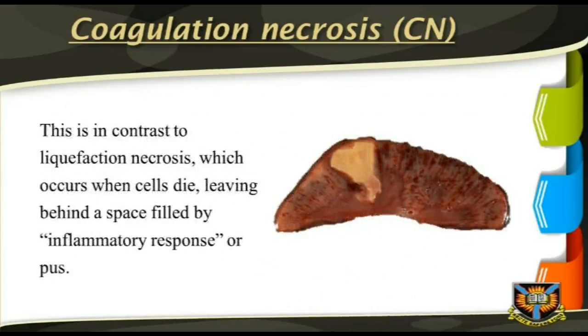This is in contrast to liquefaction necrosis, which occurs when cells die, leaving behind a space filled by inflammatory response or pus. In CN, the cell initially swells, then shrinks and undergoes pyknosis, a term used to describe marked nuclear chromatin condensation. This process evolves over 6 to 12 hours.